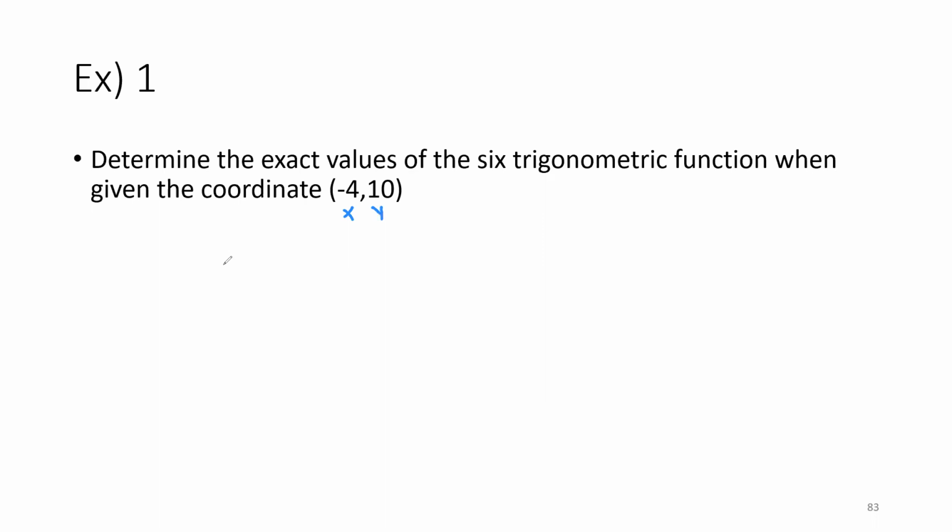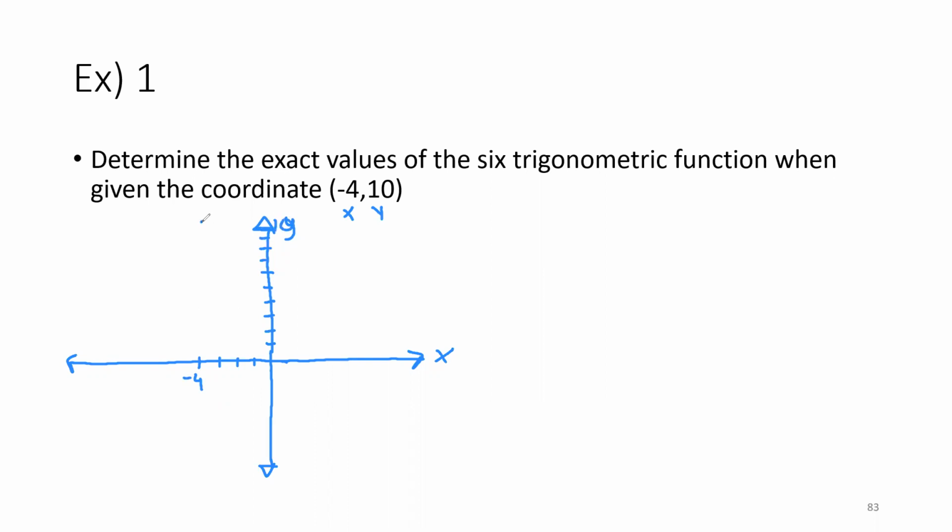So we do have to make a triangle. Let's go ahead and make that triangle. If you plot -4, 10, it would be 1, 2, 3, 4, and then 10 is 1, 2, 3, 4, 5, 6, 7, 8, 9, 10.